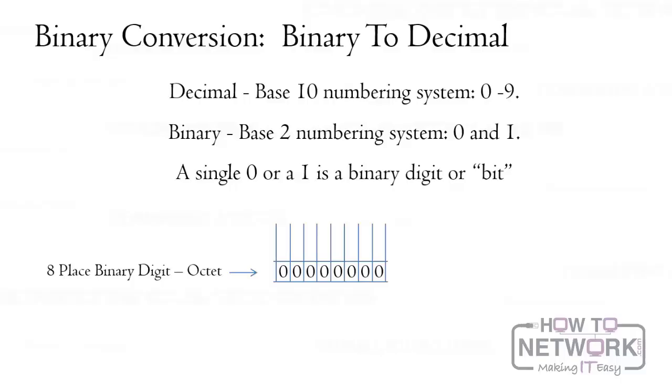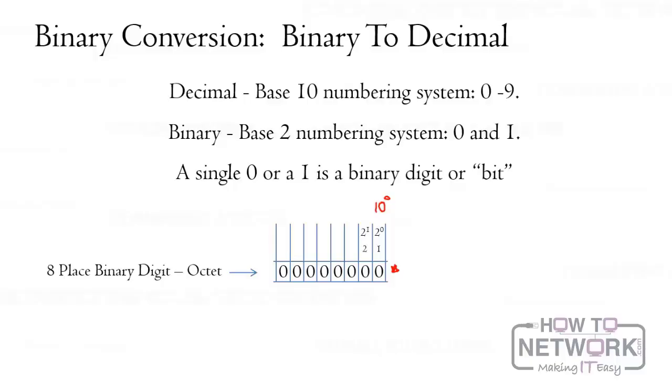If we look at this octet from the right side to the left, the first place mark is what we call 2 to the 0 power. If we were talking about this in tens, this would be the ones place, because it's 10 to the 0 power, which is 1. Anything taken to the 0 power is 1.